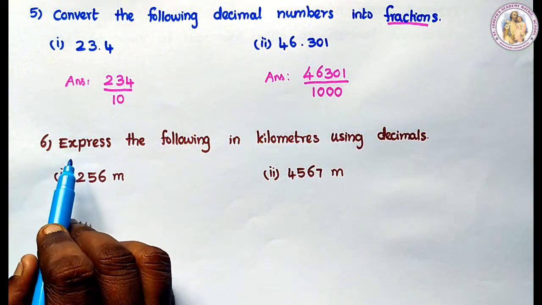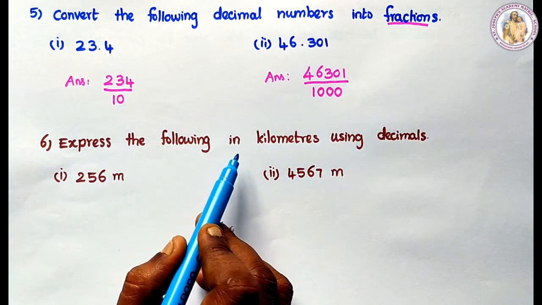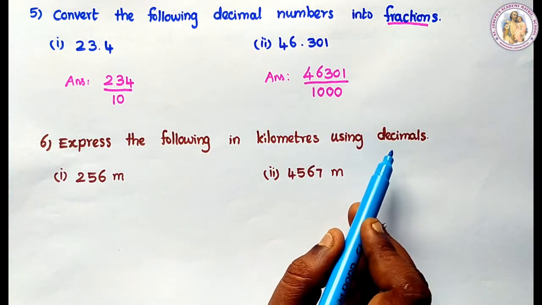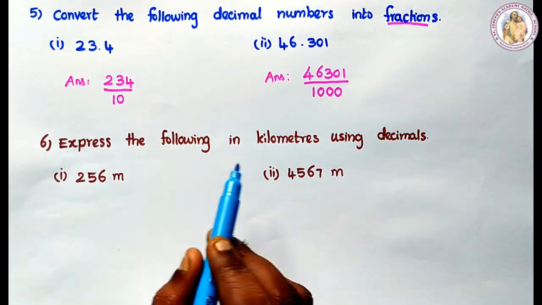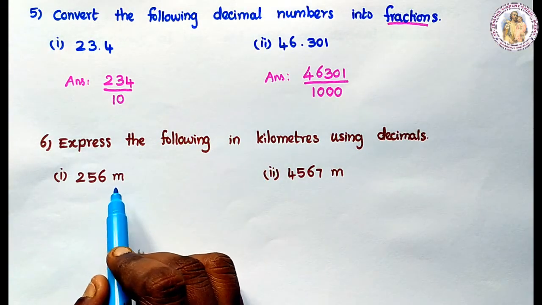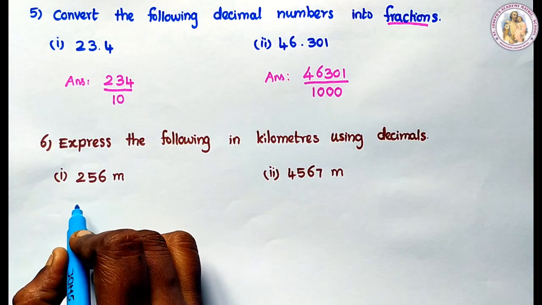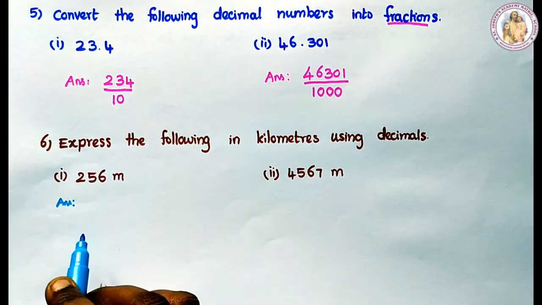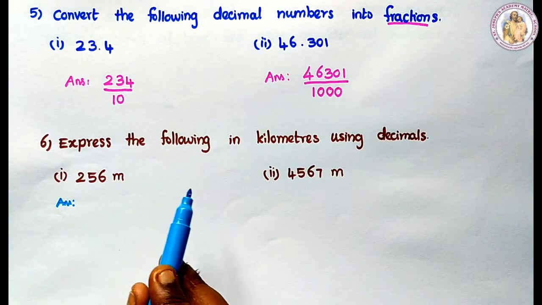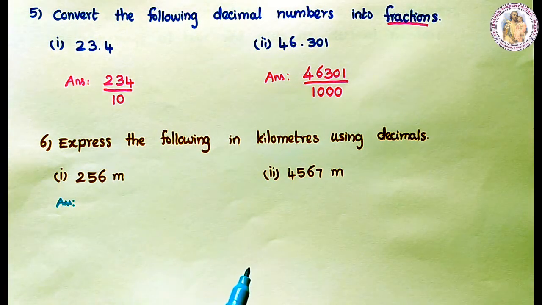Sixth. Express the following in kilometers using decimals. We have to convert into kilometer. They given in meter. So first one. How many meters are there in 1 kilometer? That is 1000.